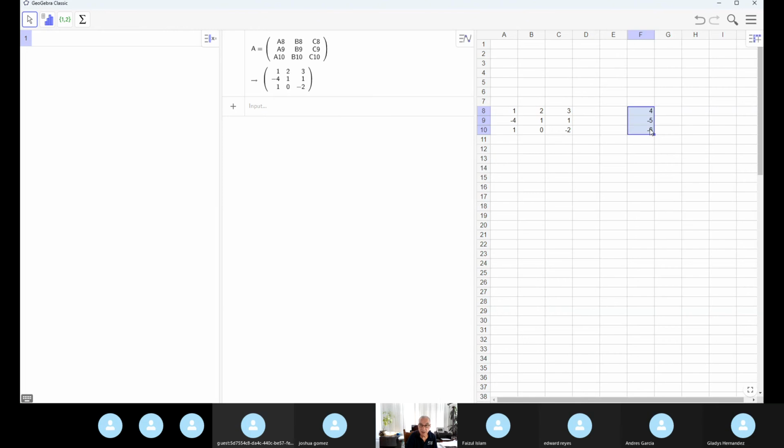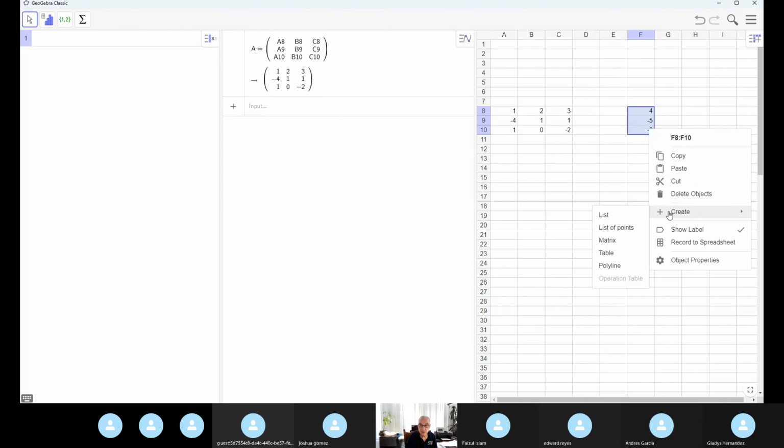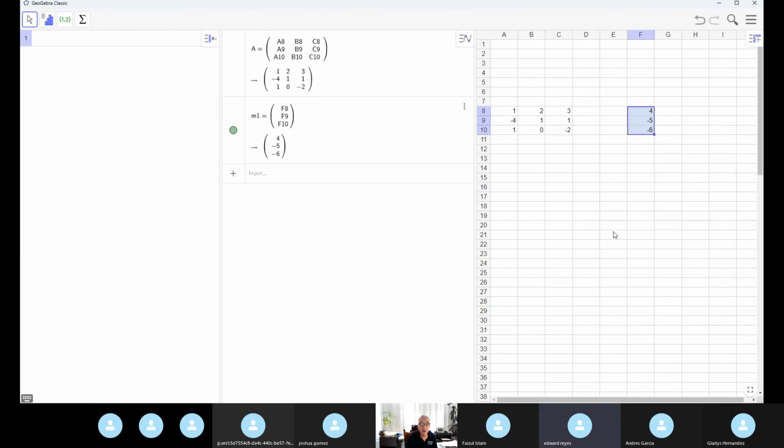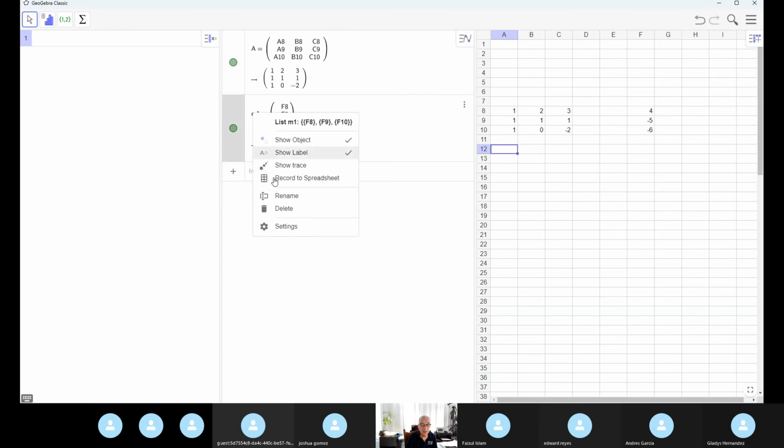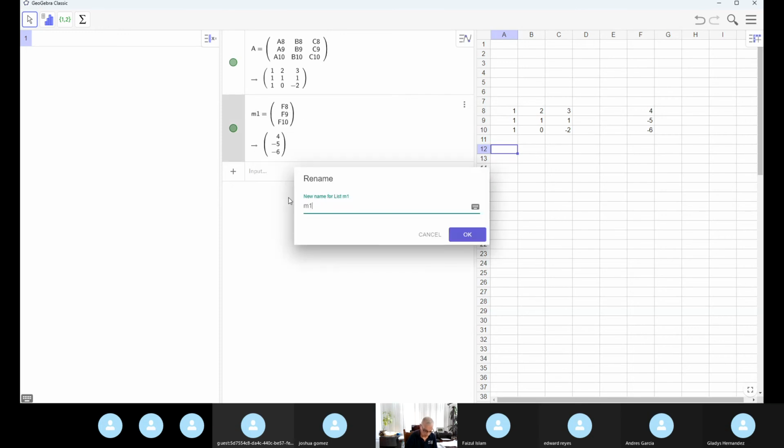Now I select and create vectors. You forgot the negative 4. Oh, I forgot. Yes. Thank you. It is 1, no? Yes. Excellent. So now I create another one. I want to rename it B. Okay, now ready.